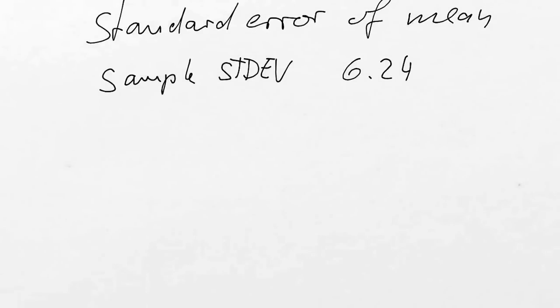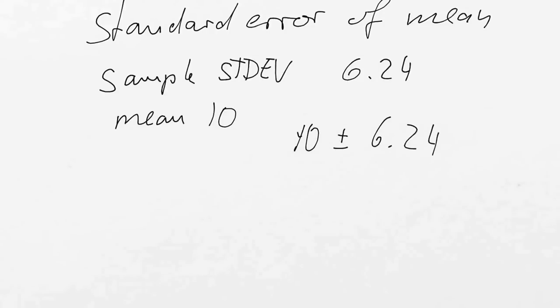That is what we just calculated. And our mean was 10. What you usually do is you write this as 10 plus minus 6.24. It could be anywhere between 3.76 and 16.24. Looks pretty lousy to me.